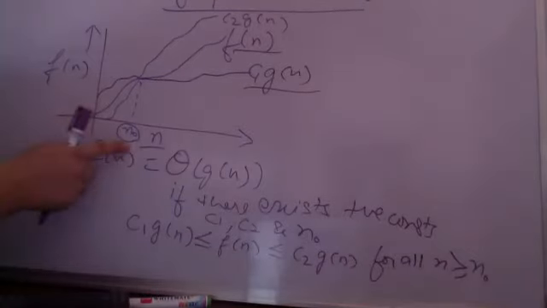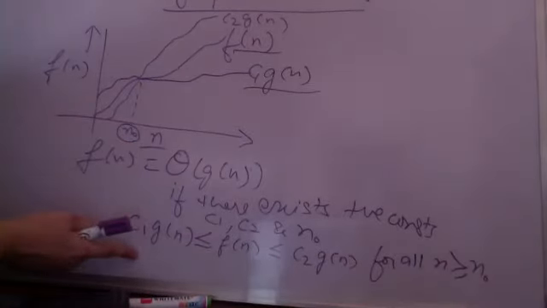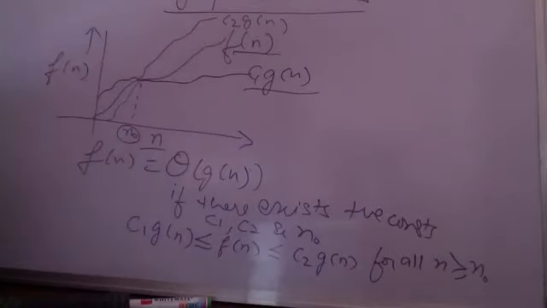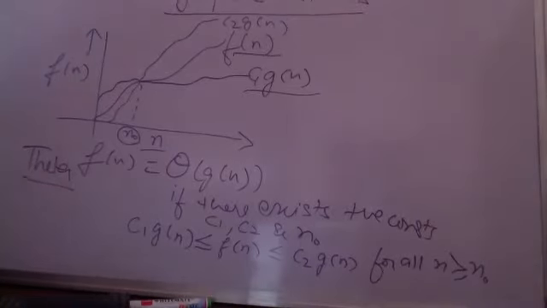After this n naught, this condition always holds true. That means f of n is strictly bounded by the function g of n, or it is a theta bound. Is the definition clear to all? Yes, ma'am.